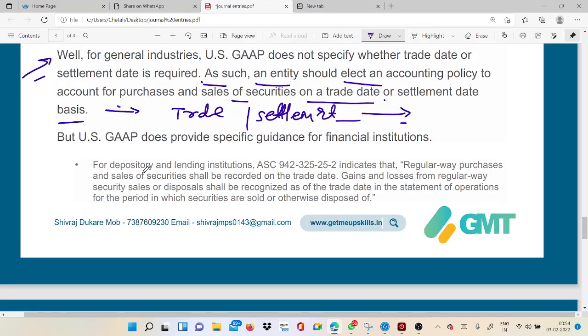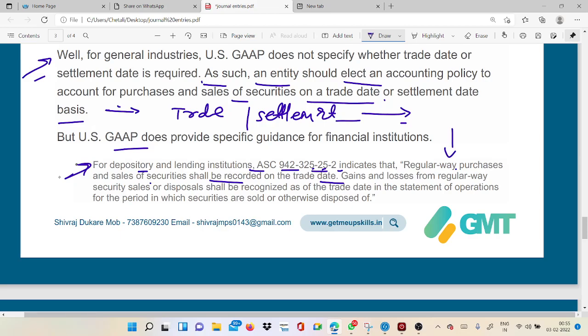But US GAAP does provide specific guidance for financial institutions, for depository and lending institutions, which is important for us because we work with depositories and lending institutions. Accounting standards 942, 325, 252 indicate that regular way purchases and sales of securities shall be recorded on a trade date.